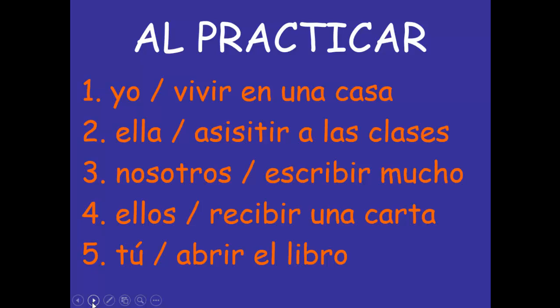Yo, the verb is vivir. We drop the IR, and this is the same across all of the families. It's going to be yo vivo. Ella, asistir a las clases. That's a good thing. Drop the IR, and we're going to add E. So ella asiste a las clases.